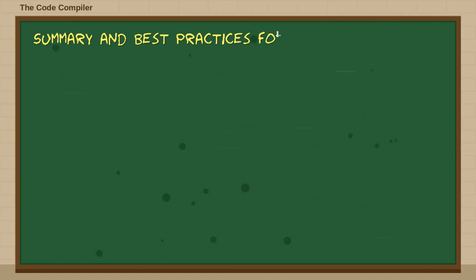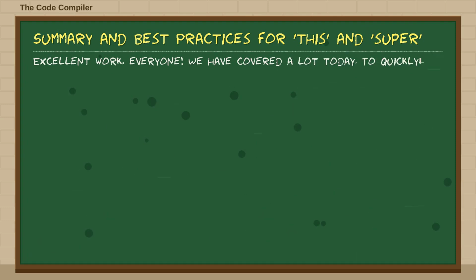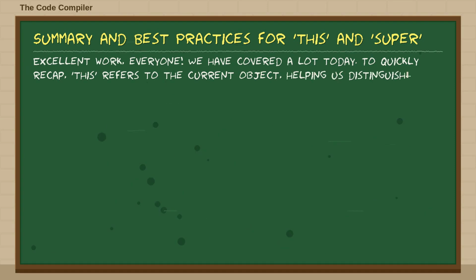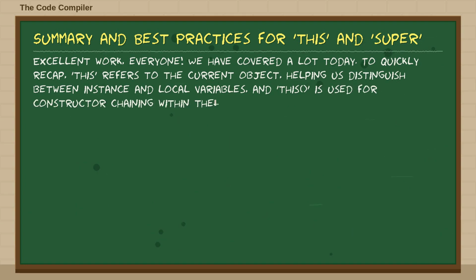Excellent work, everyone. We have covered a lot today. To quickly recap, this refers to the current object, helping us distinguish between instance and local variables, and this() is used for constructor chaining within the same class.